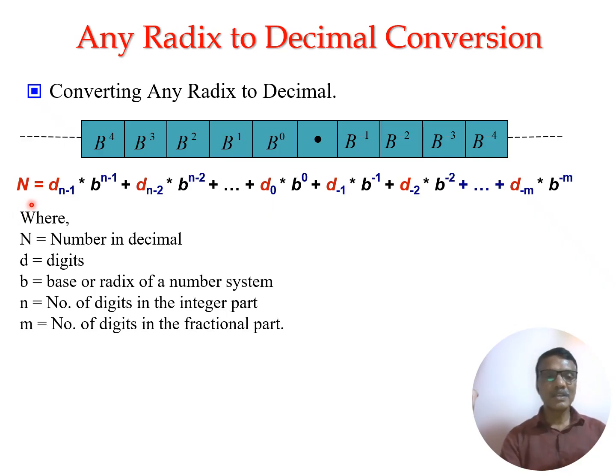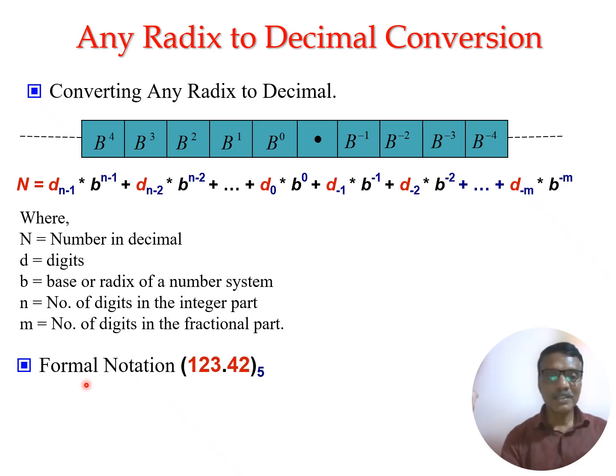So the decimal number is equal to the sum of each bit position value. The formula is given, and this is the formal notation. Here, any base, what I told, we are now discussing any base to decimal.